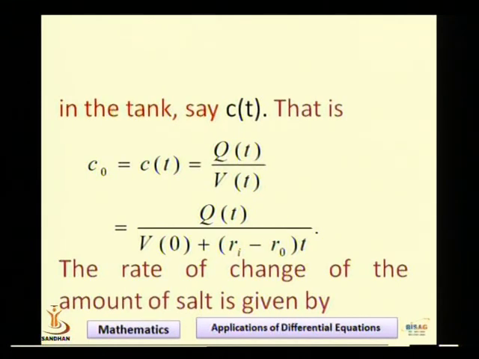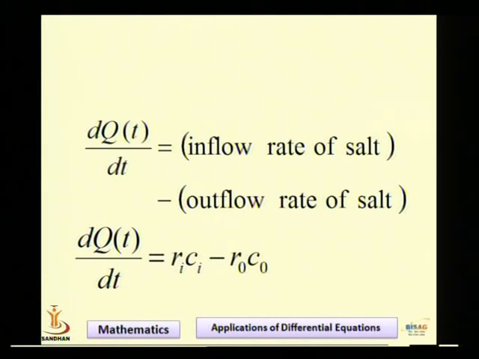But the rate of change of the amount of salt, that is dQ by dt, what is the rate at which the amount of salt is changing with respect to time? That is given by inflow rate of salt minus outflow rate of salt. The inflow rate of salt is Ri Ci, and the outflow rate of salt is R naught C naught. So, I got dQ of t by dt is equal to Ri Ci minus R naught C naught.